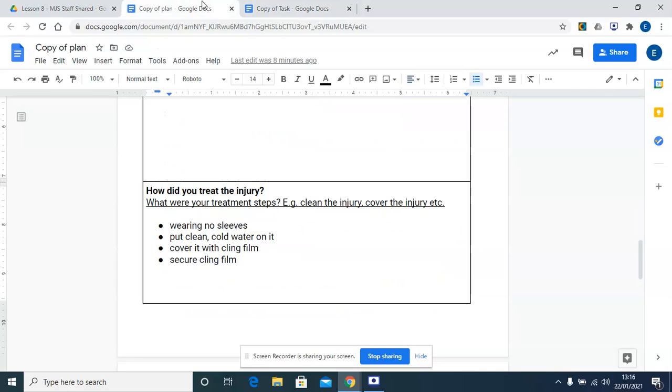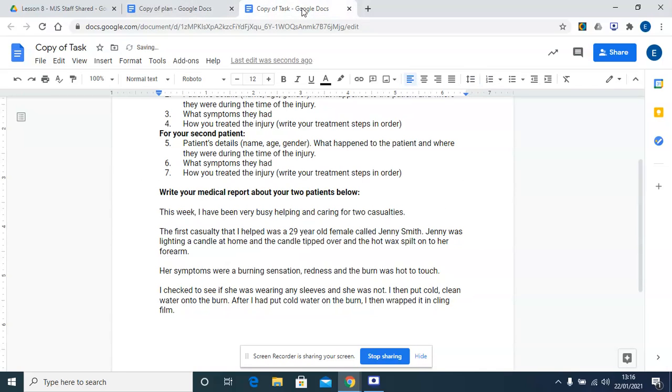Then just to check, what was my last step? Then I secure. I then wrapped it in cling film and secured the cling film to the arm using medical tape.